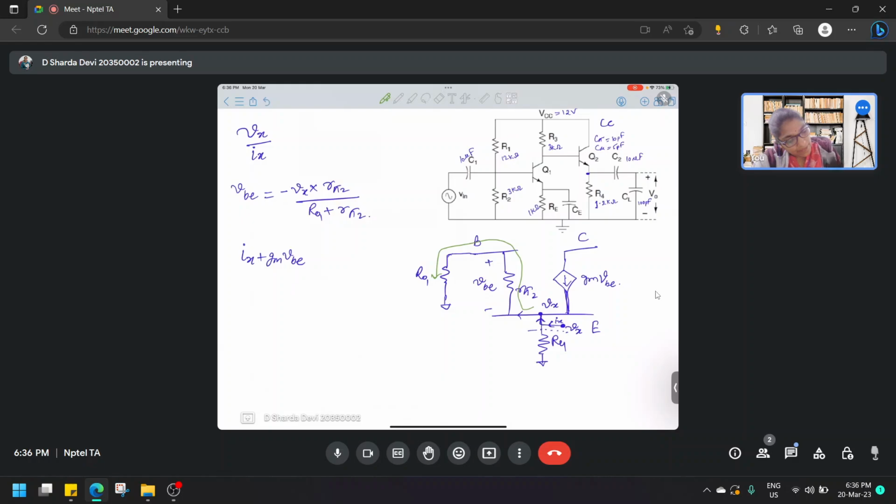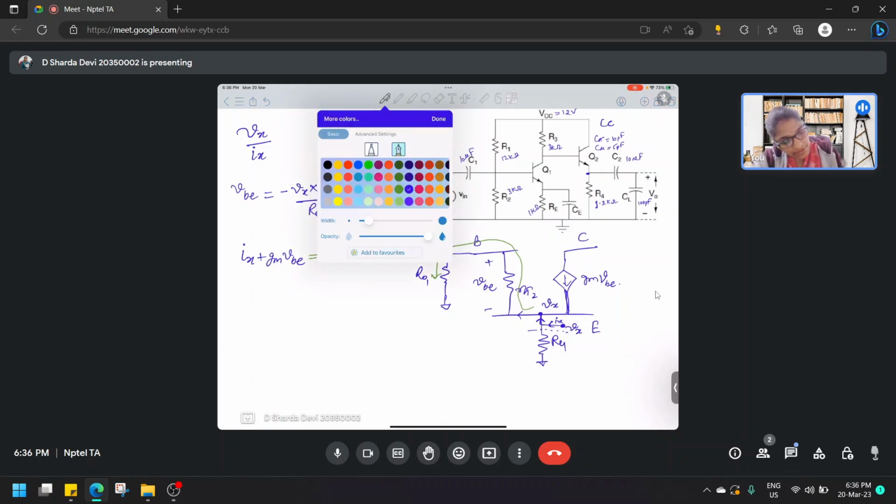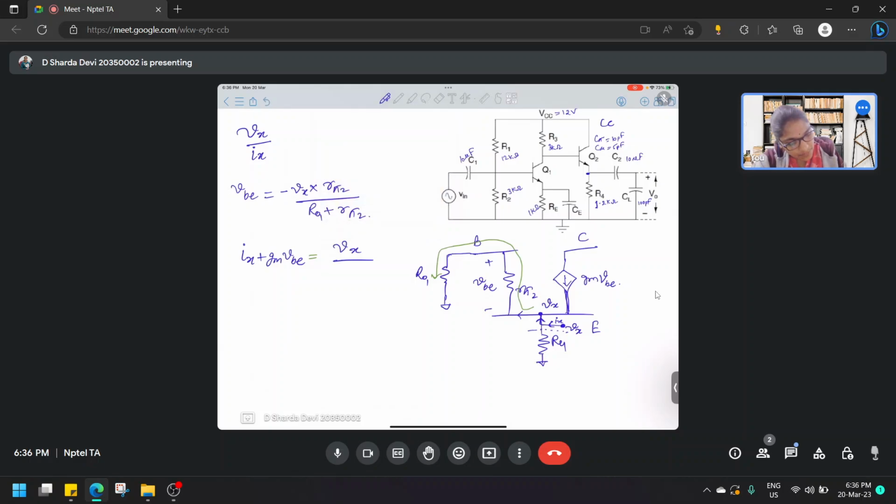The current in this path can be written as Vx upon r naught 1 plus R pi 2. Now in place of VB, we can substitute it with this.